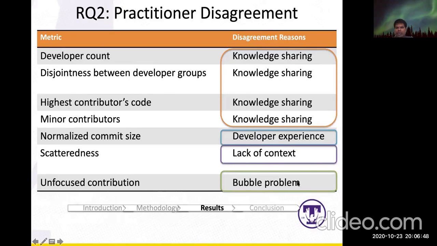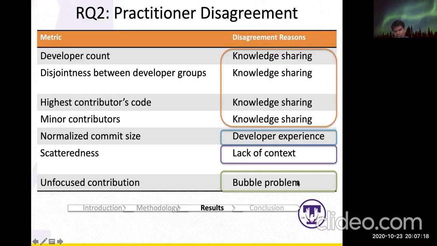We also identified why practitioners would disagree a particular metric to be correlated with defective IC scripts. So practitioners think that because of knowledge sharing, developer count, disjointness, highest contributors code, and minor contributors are in fact not correlated with defective IC scripts. Developers also think that due to experience of developers, normalized commit size is not correlated with defective IC scripts.